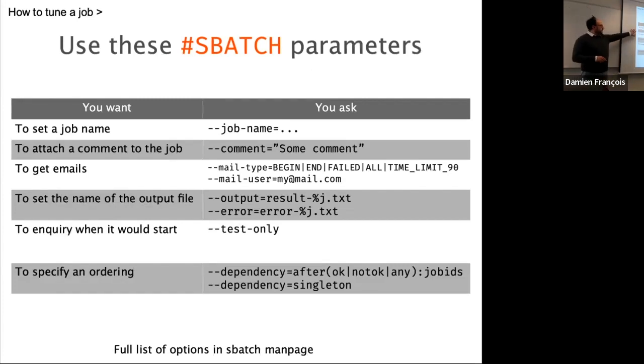You can attach some comments to your job. You can be notified by email when your job starts, ends, or fails. Make sure to provide the correct email. Slurm does not know about your email, so you need to specify it. When you have a typo in the email, we get the email. So if you submit 1,000 jobs with a typo, we get 1,000 emails.